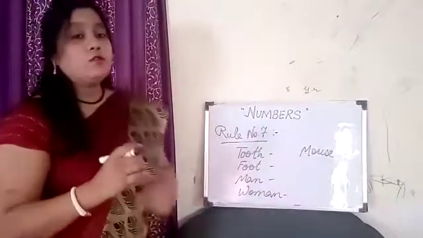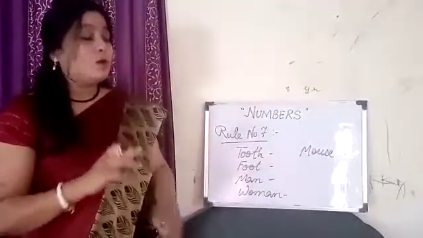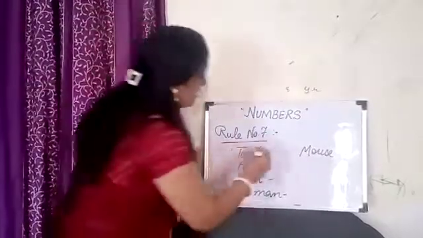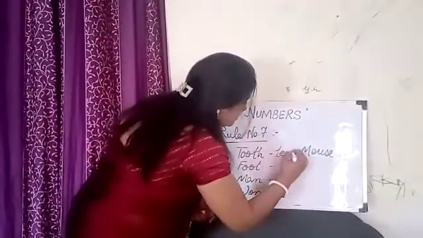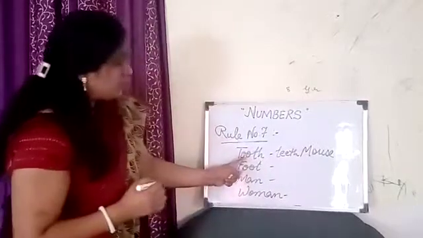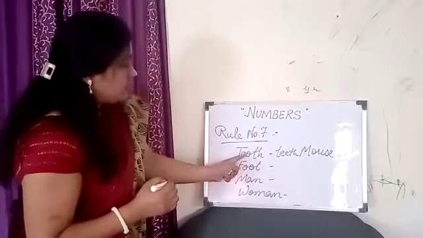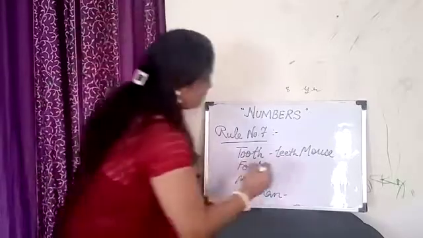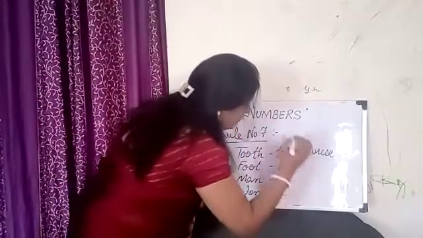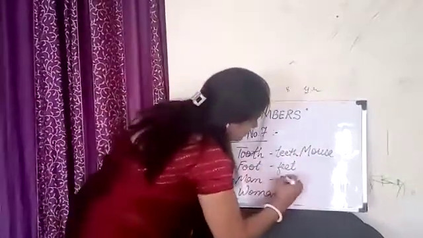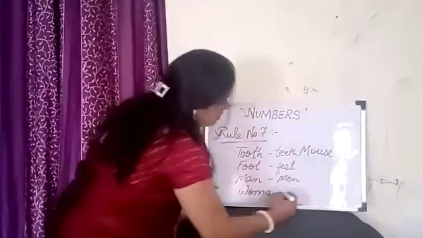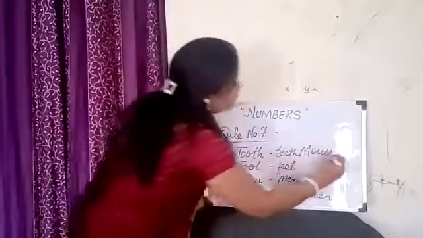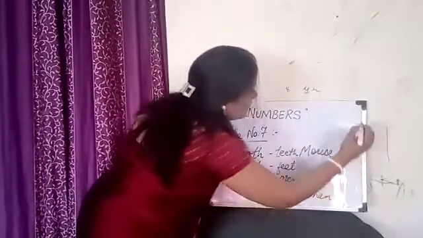So what we have to do is change the inside vowel to convert these singular nouns into their plural form. Like tooth will become teeth. We converted the double o into double e. Similarly, foot will become feet, man will become men, woman will become women, and mouse will become mice.